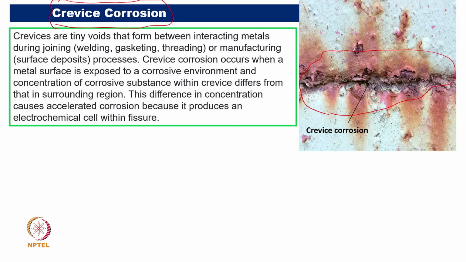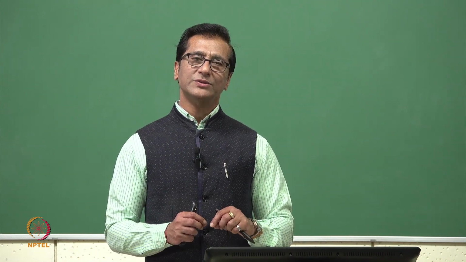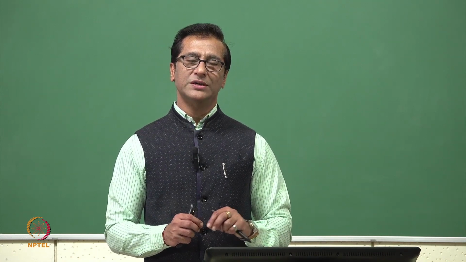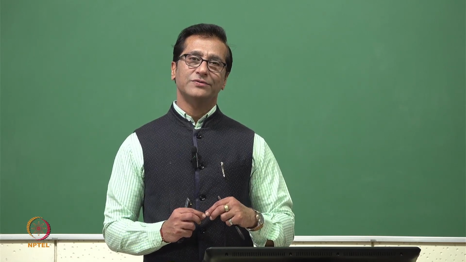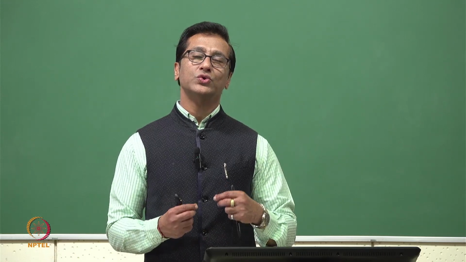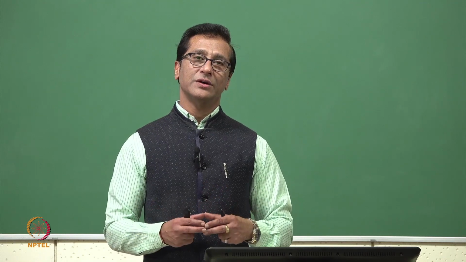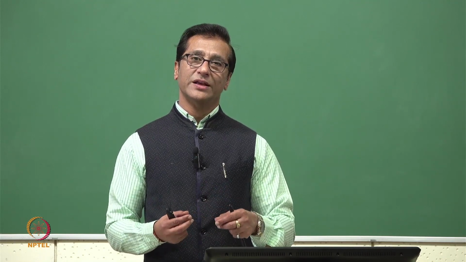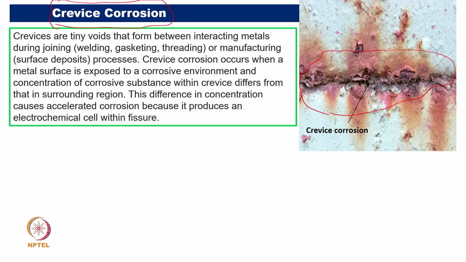When we have seen a number of bridges, when two surfaces are trying to connect, they use some sort of spots, and then we will find some cracks or maybe some holes through, and that can act as surfaces which can retain water, or contaminants from the environment, which can make sulfuric acid, carbonic acid, or something like that. Those things are possible. So crevices are tiny voids that form between interacting surfaces during joining.